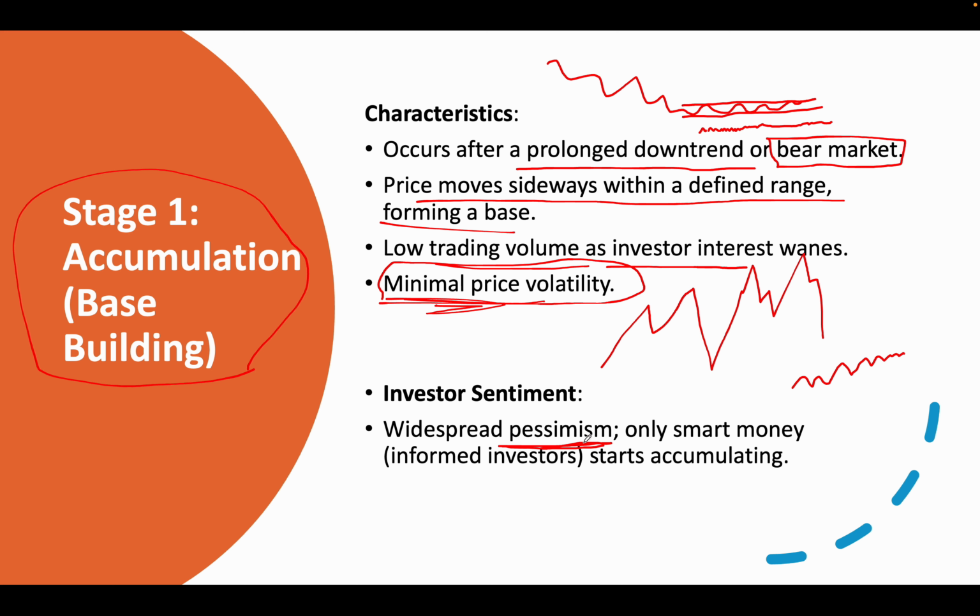In this basing area, usually smart money or informed investors start accumulating the stock. Usually we have to draw trend lines, like this trend line 1, trend line 2, and start accumulating in stage 1. So this is stage 1.